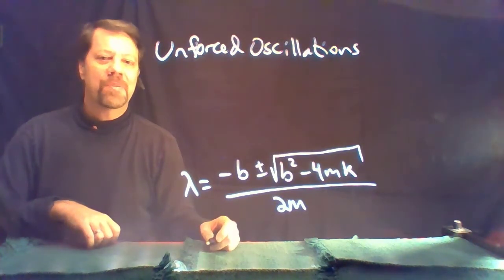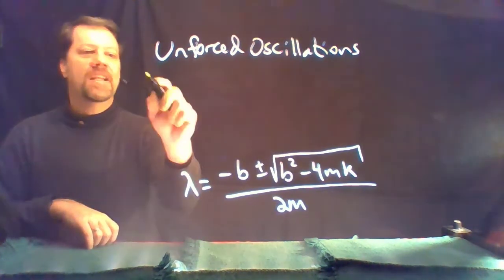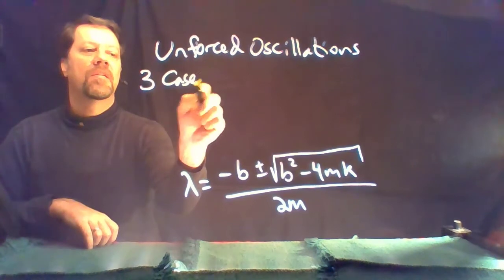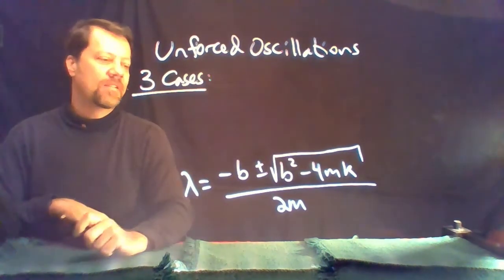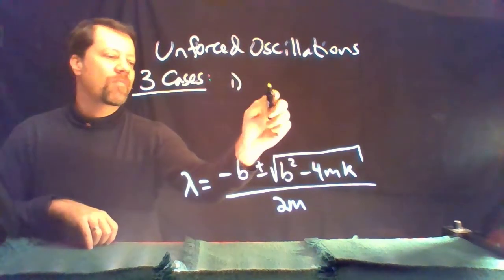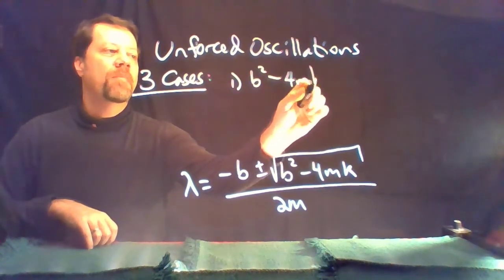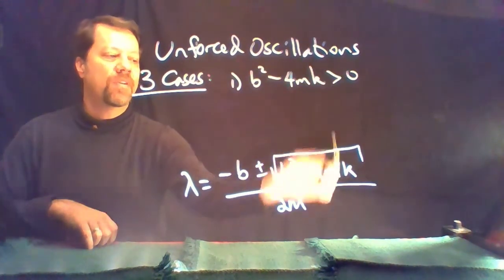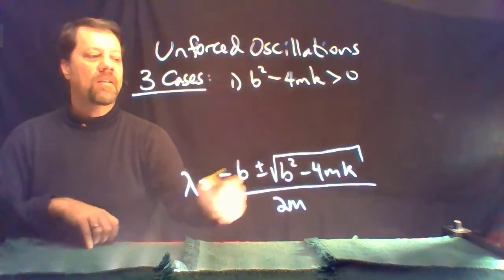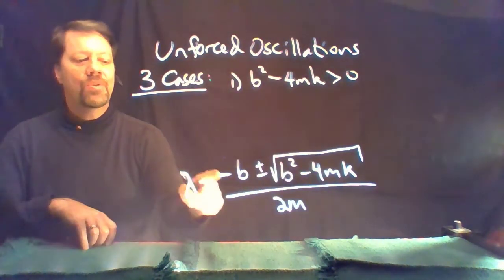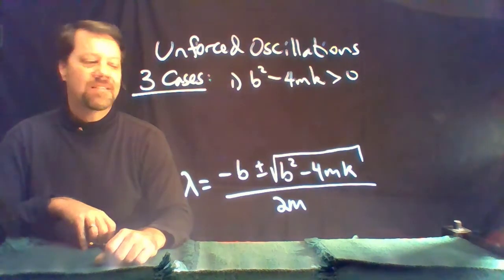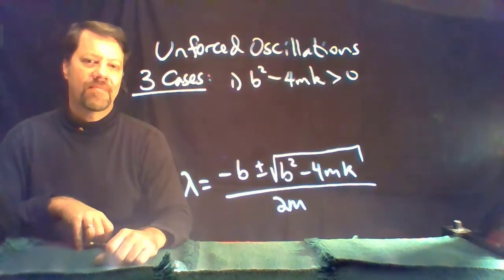Just as before, the principle of trichotomy gives us three cases. First, if b squared minus 4mk is greater than 0, then we get two real distinct solutions.